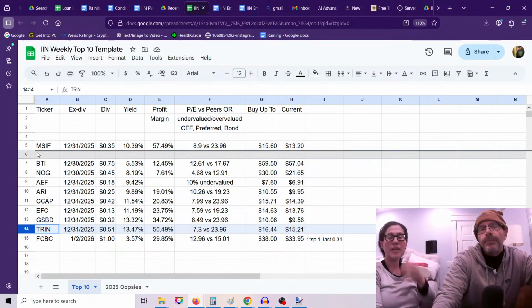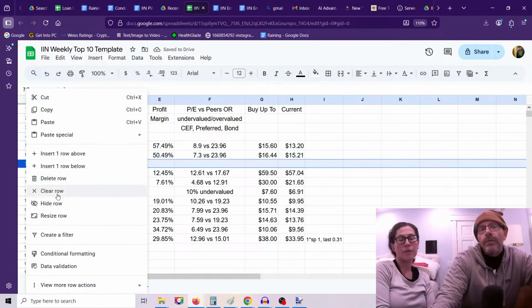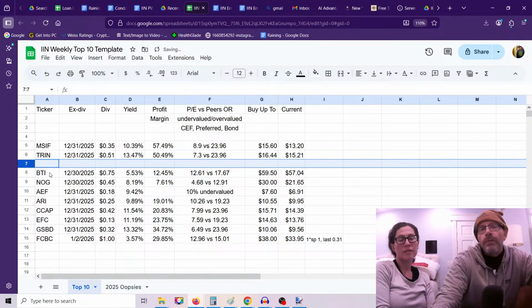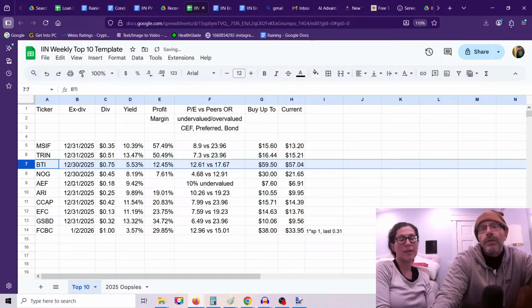Yeah. Ooh, Trinity. Why is that there? You don't want that thing? Right click, delete row. I did. No, you hit clear row. Clear row just deletes anything in the row, but not the whole row.